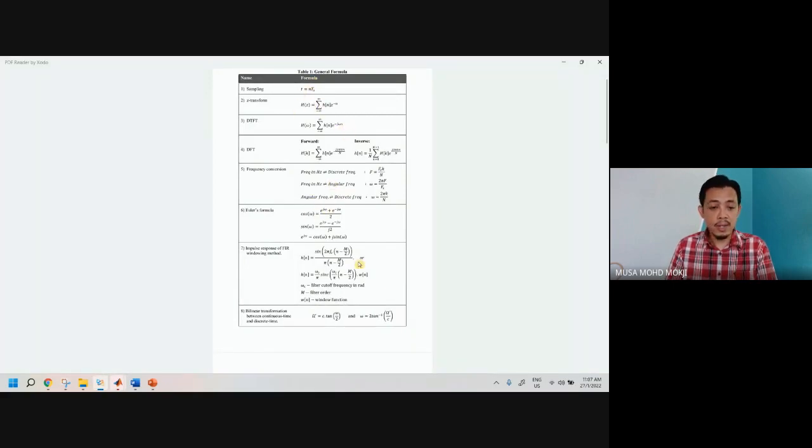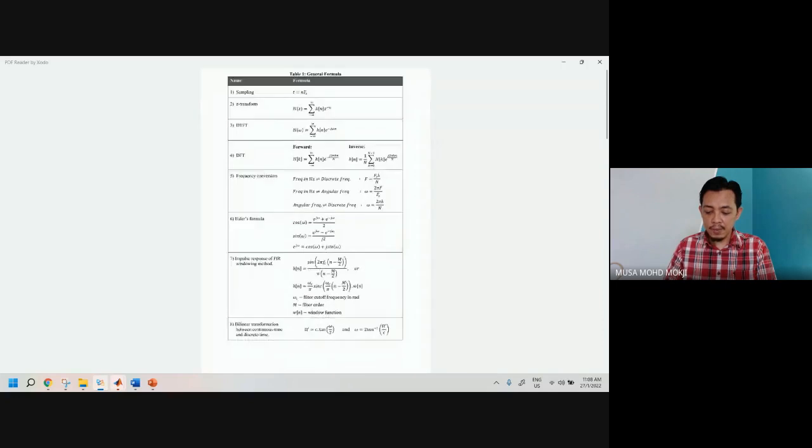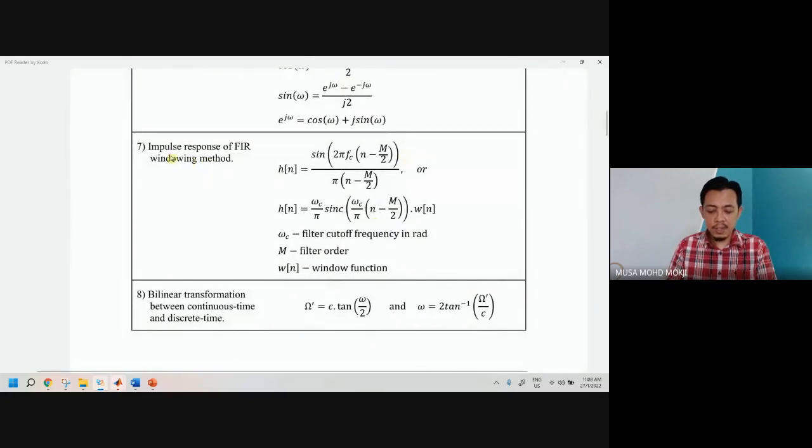You need to be familiarized with this formula list, because in filter design, in the first table, we have the impulse response for FIR windowing methods. So there's one formula list here for FIR, and then this is the bilinear transformation.